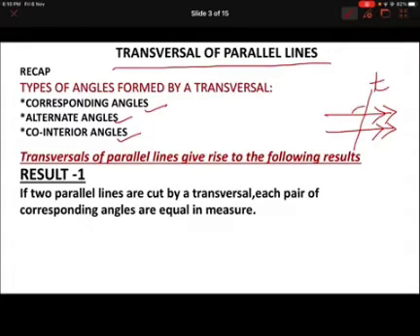You can see one is here, one is here. The next pair is, always remember corresponding angles are all on the same side and either they are above the parallel lines or below the parallel lines, if you remember. So we have one pair here, one more pair is here, third pair is here, and fourth pair is here. I think that's clear to you.